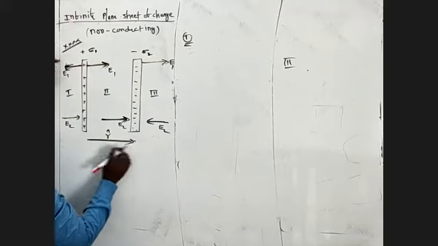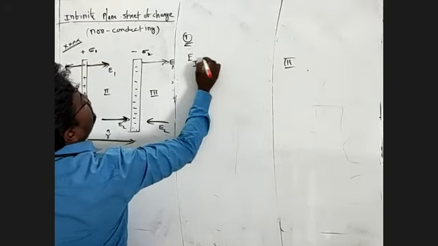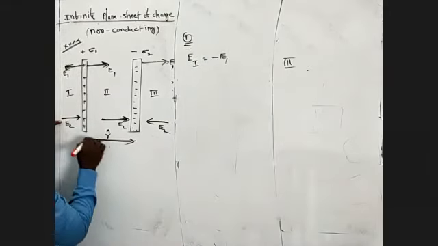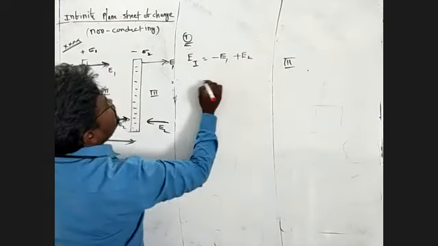This is r cap. Both are in opposite direction, so we are taking E1 as negative, minus E1. Next, this is the direction of E2 and this is the direction of r cap. Both are in the same direction, so I am taking plus E2.